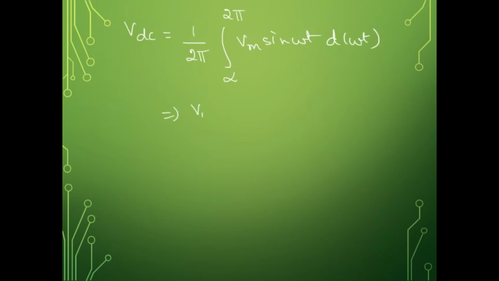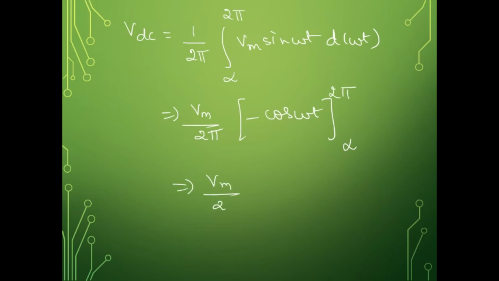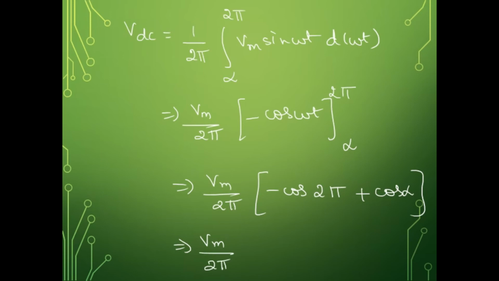We can write this as Vm by 2 pi integral sine omega t is minus cos omega t with the limits alpha to 2 pi, or Vm by 2 pi into minus cos 2 pi minus of minus plus cos alpha. So cos 2 pi is 1, so I can write this as Vm by 2 pi into cos alpha minus 1. So this is the average value of the output voltage.